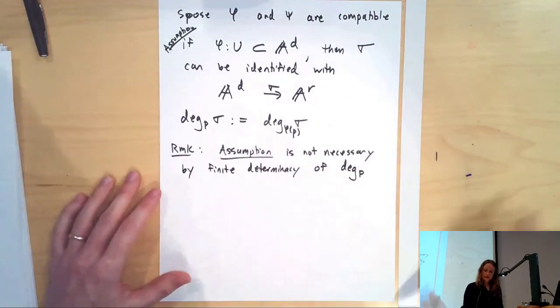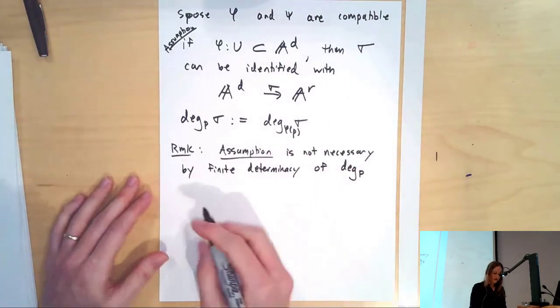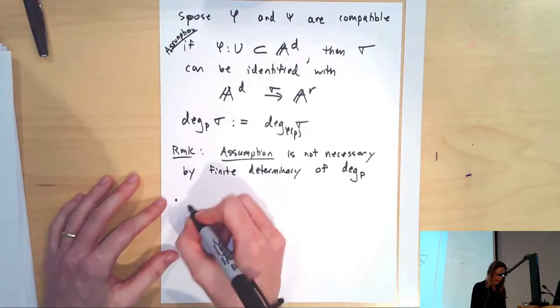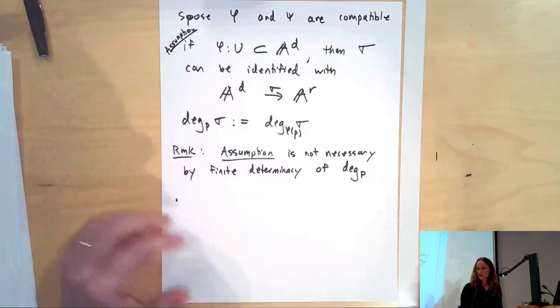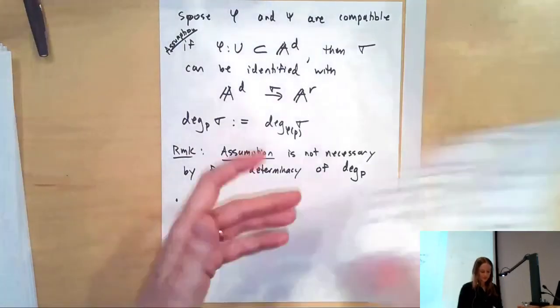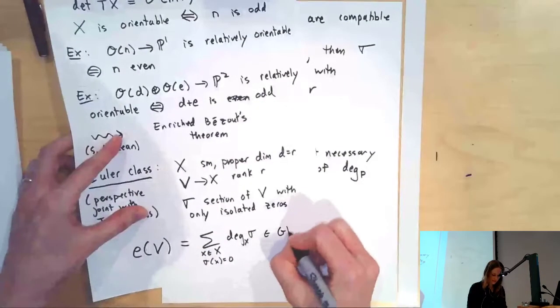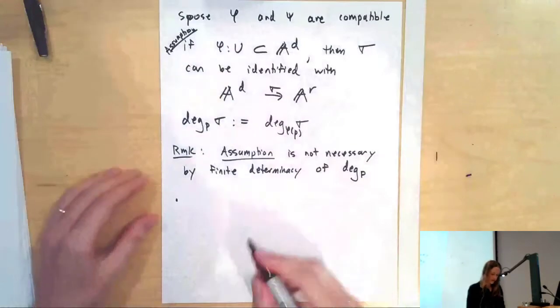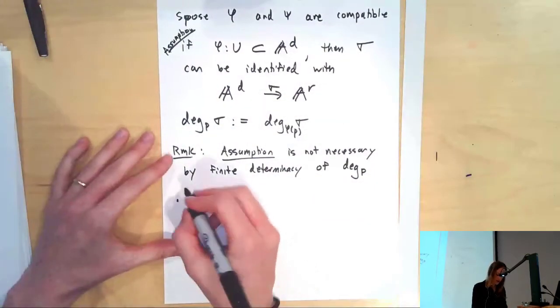All right. So we add all these up, and we get some sort of Euler class in the Grothendieck-Witt group. And we need to show it's well defined.